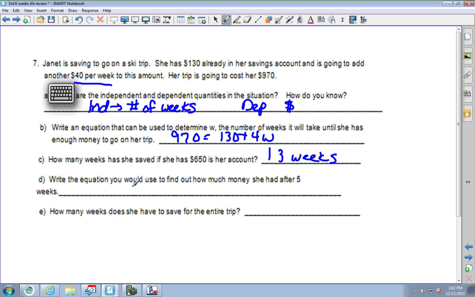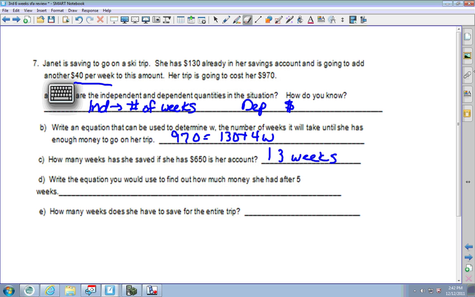Write an equation that you could use to find out how much money she had after 5 weeks. Well, we would use the same equation.